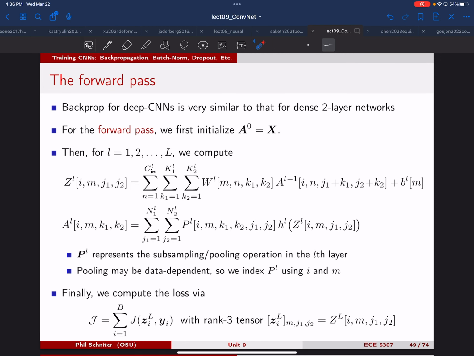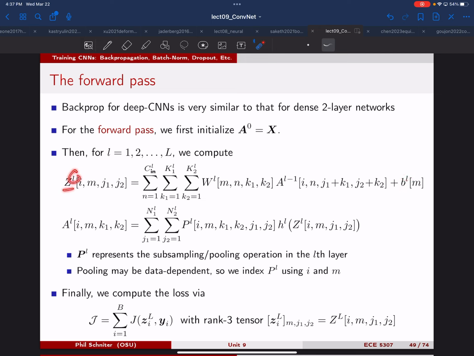So you initialize the first set of activations as your input X, and then you just do this procedure here for each layer little l. So this is just the convolution equation that we've seen a few times. Here's our weights. Now this is the weight matrix for layer L, the activations that are coming out of the previous layer, biases for layer L, and so on.